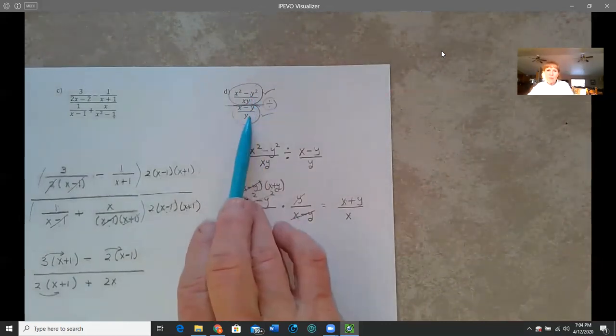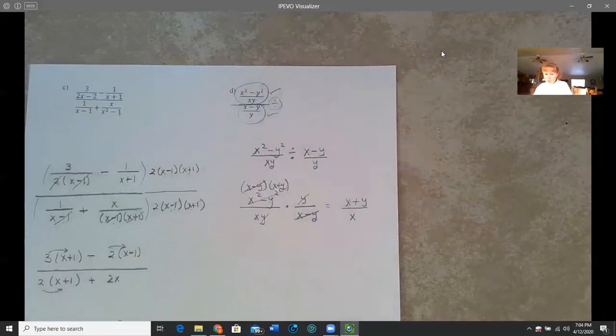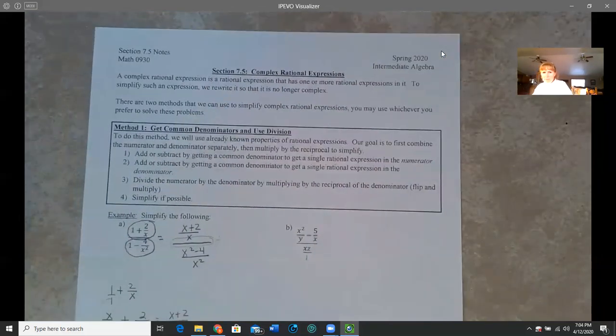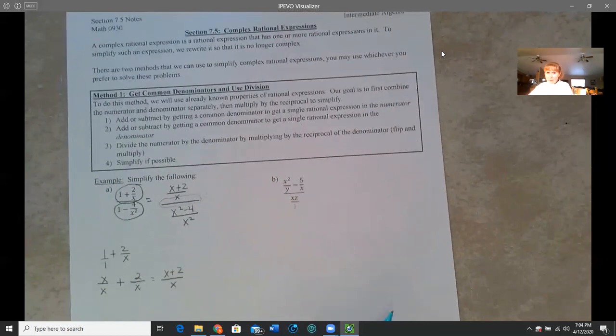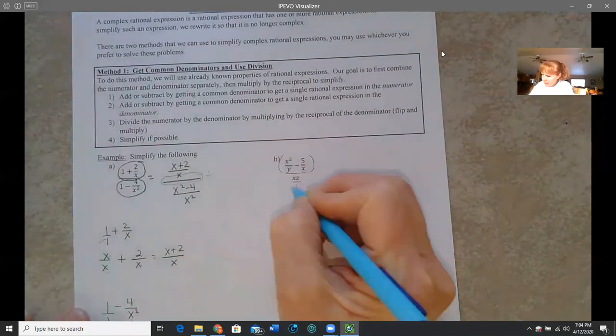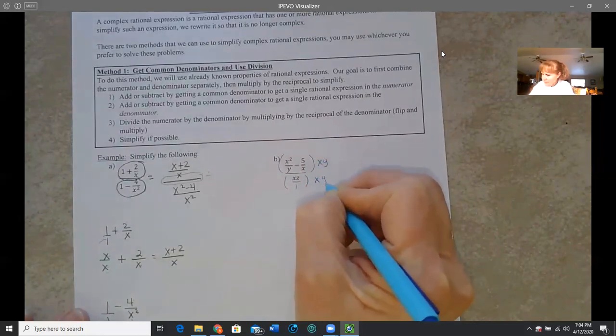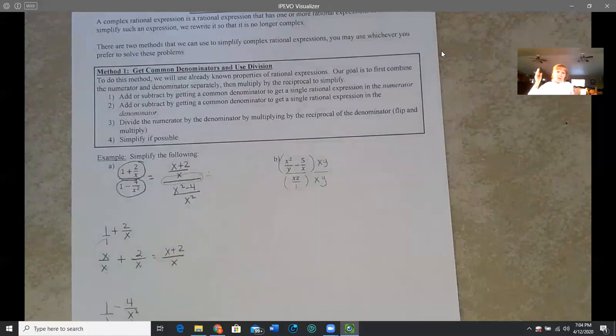If that's the way the problem is presented, I would just do the copy dot flip. If it's presented where you have more than 1 fraction, like on B, I would just multiply everything by xy. Okay, those are your only 2 denominators, and I would just multiply everything by xy.